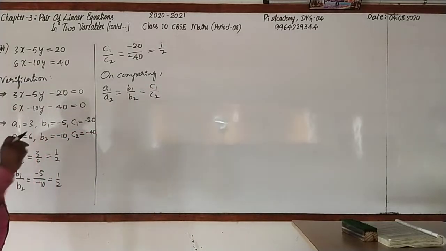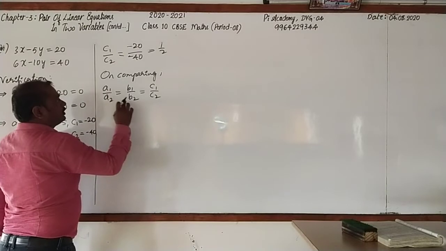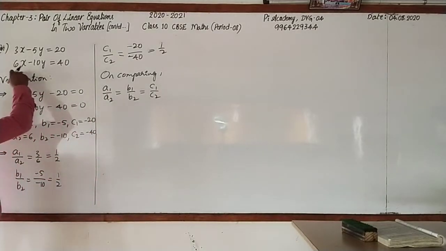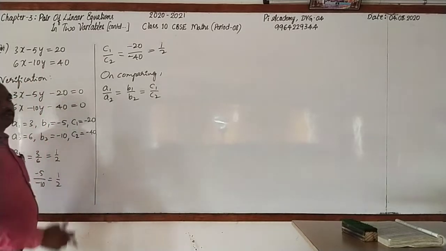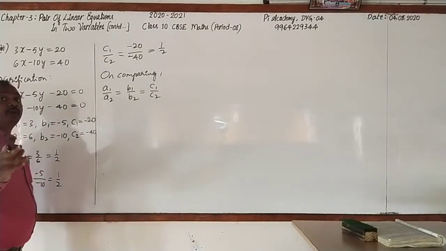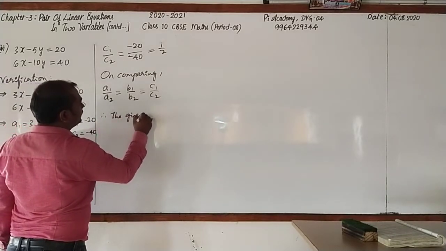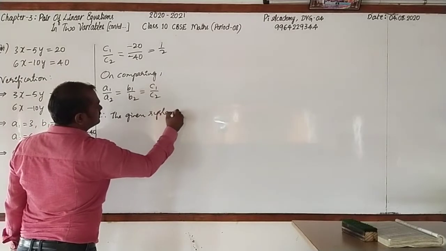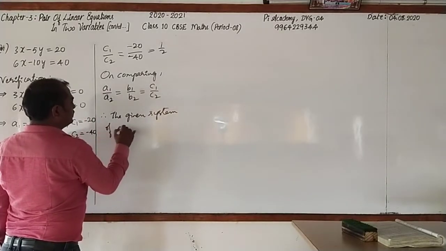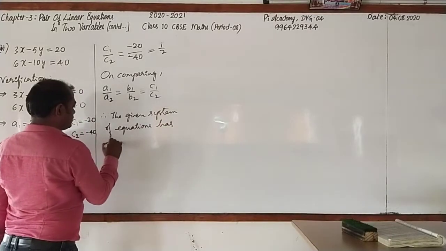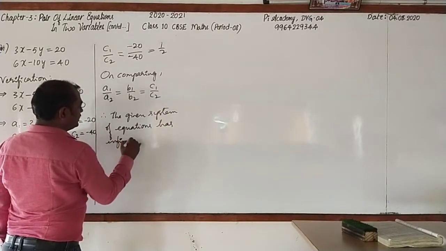If this condition is satisfied, what do you say about the nature of the solution with respect to these equations? The given equations have infinitely many solutions. Therefore, the given system of equations has infinitely many solutions.